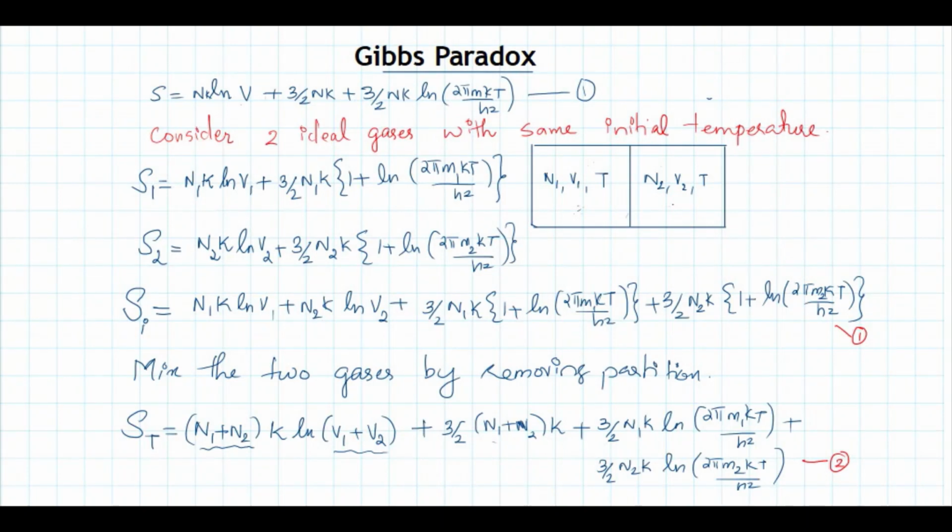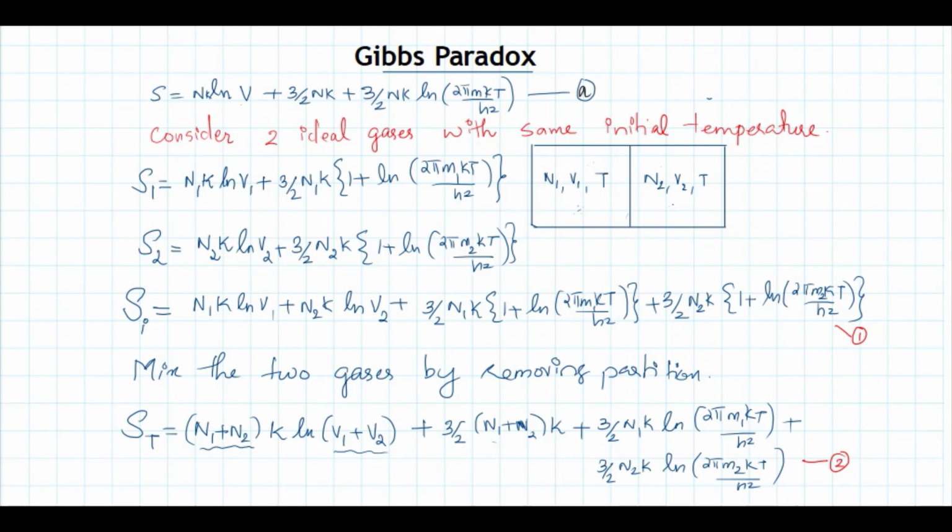So the total initial entropy can be written as Si equal to S1 plus S2, that is the sum of these two: N1 k log V1 plus N2 k log V2 plus 3 by 2 N1 k into 1 plus log 2 pi m1 kT by h square plus 3 by 2 N2 k into 1 plus log 2 pi m2 kT by h square. Call this equation A. Then call this equation 1.